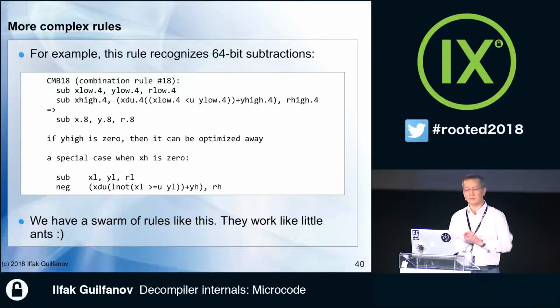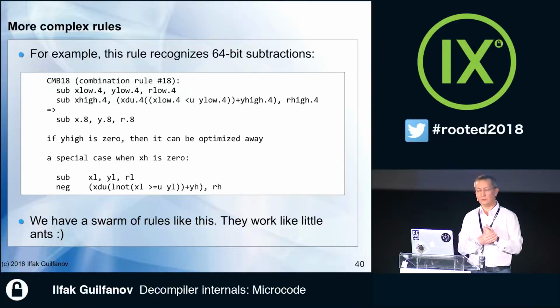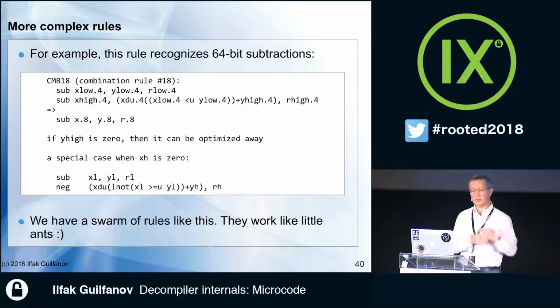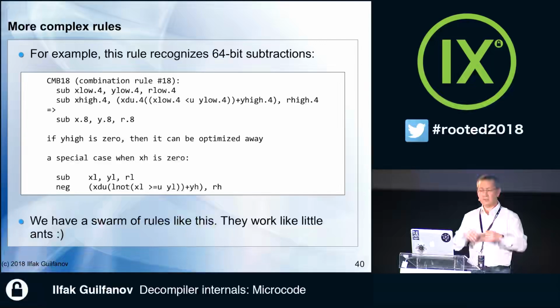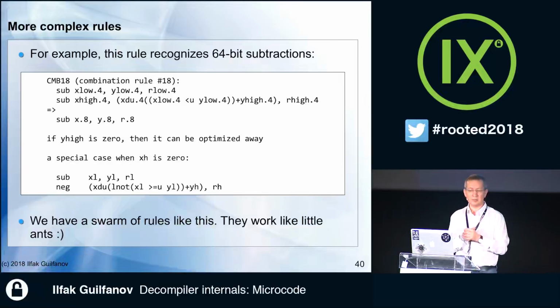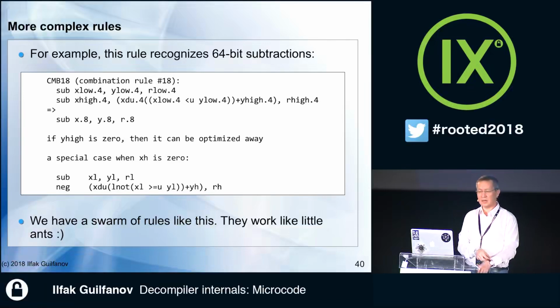Another example of a more complex rule. Some rules are very complex. For example, here we have a sequence of 2 subtractions: we subtract low parts of operands, and then we subtract the high parts of the operands. Then these two instructions can be collapsed into one nice subtraction that subtracts 8-byte values.